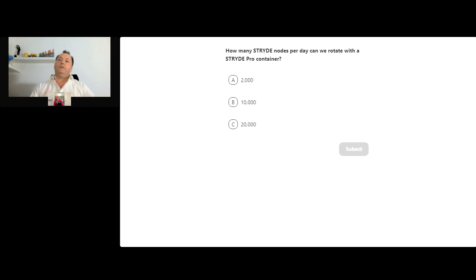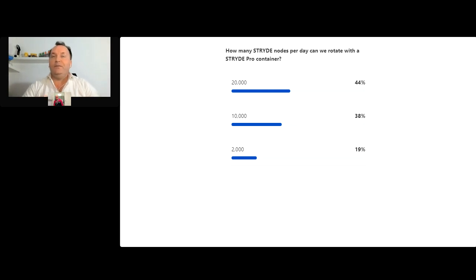Let's disclose the outcome. So we have a divided set of responses, which is nice. So it's not 2,000. A compact container would do anywhere between 12 to 15,000. A Pro system can take and digest 20,000 nodes every 24 hours.